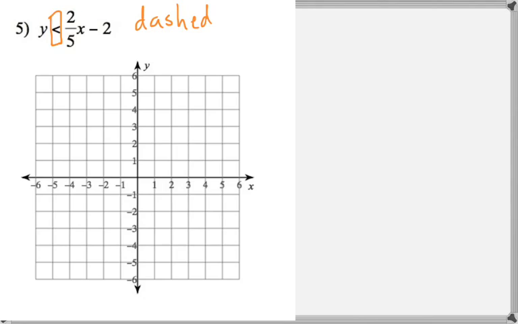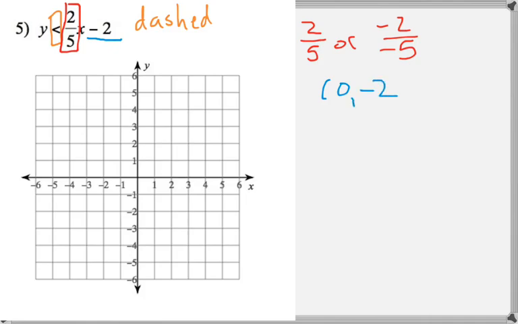Our slope is the number attached to that x, so we have a 2/5 or a -2 over a -5. My y-intercept comes from that number, and it is 0, -2. So now that we have that, we can go ahead and plot our y-intercept, 0, -2.